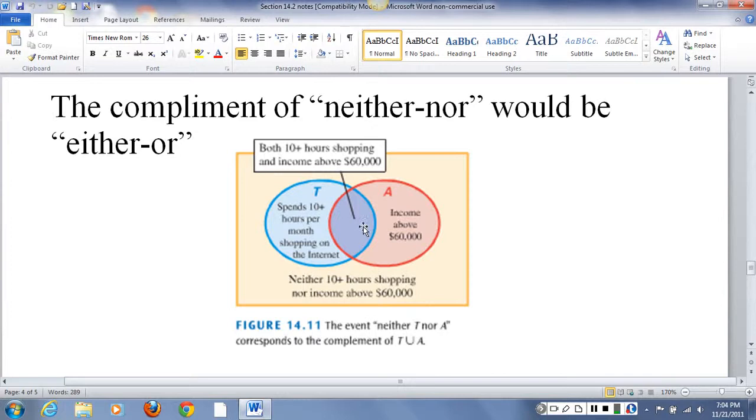So as you can see, both 10 plus hours shopping and above 60,000, the combination of both, is in the middle here. It's the intersection of the two Venn diagrams. So the opposite of that, the complement, is everything outside of it, which you can see outside of these circles, is neither 10 plus hours shopping nor income above 60,000.